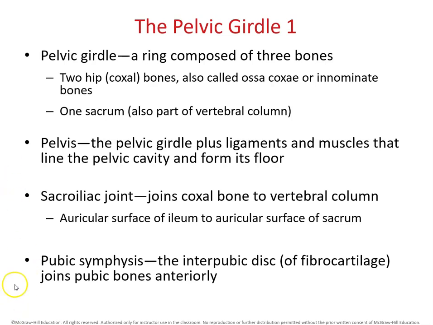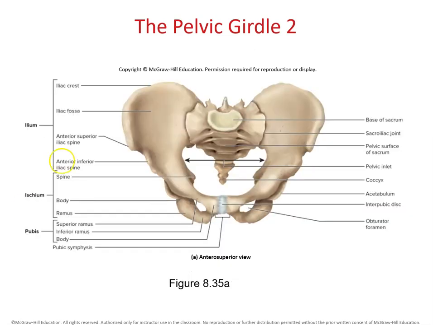The pubic symphysis is the cartilage, fibrocartilage juncture where the pubic bones join in the front of those 2 coxal bones. So here is where we have your fused sacral bones, and then your iliac crest.